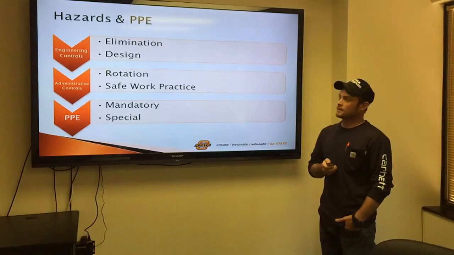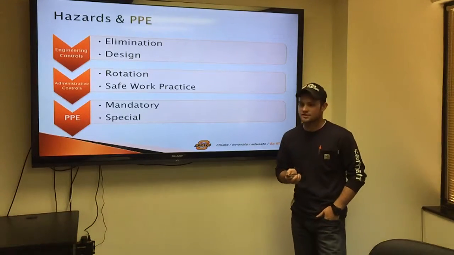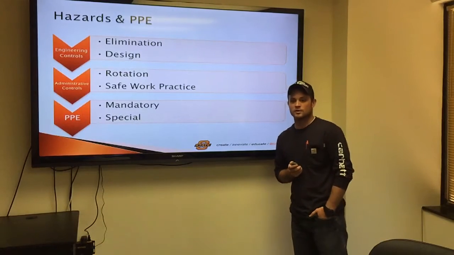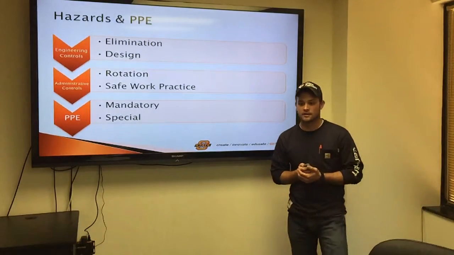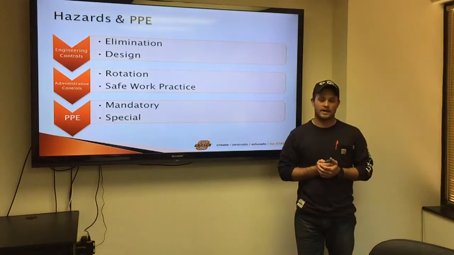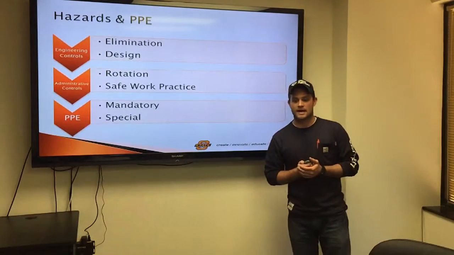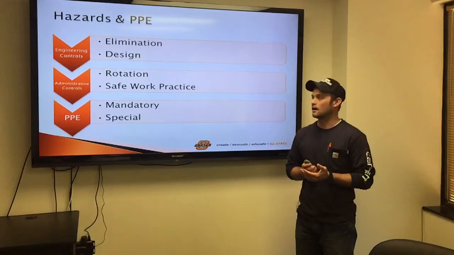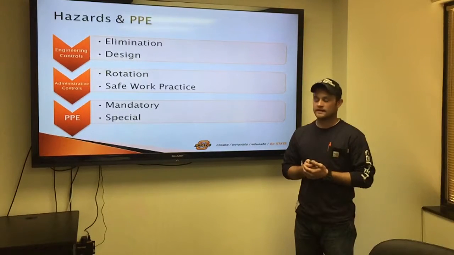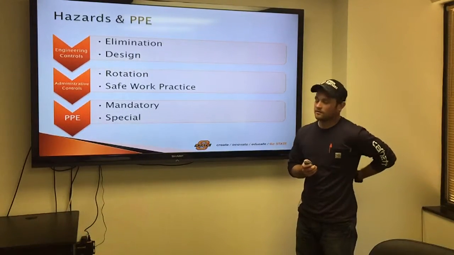Hazards and PPE are going to be your next section. Basically, the company needs to make sure that they implement engineering controls first, which are going to be the elimination. The fundamental theory of engineering controls is that they should eliminate and or reduce exposure to hazards to the furthest possible extent, and that can include designing them in a way that does that, or removal of equipment.